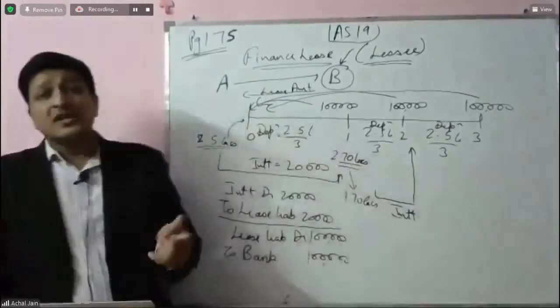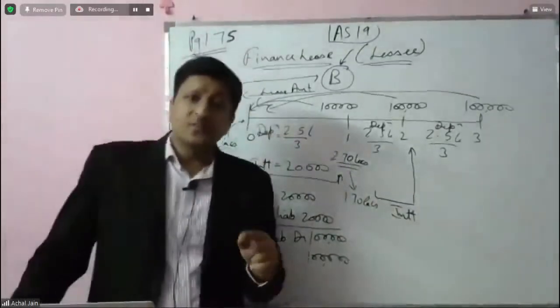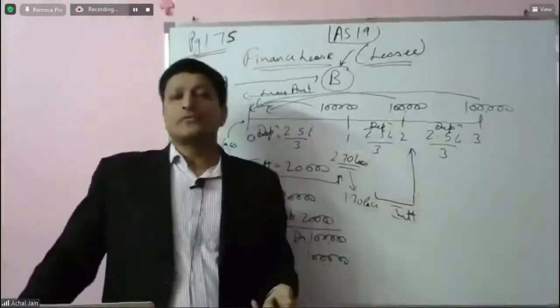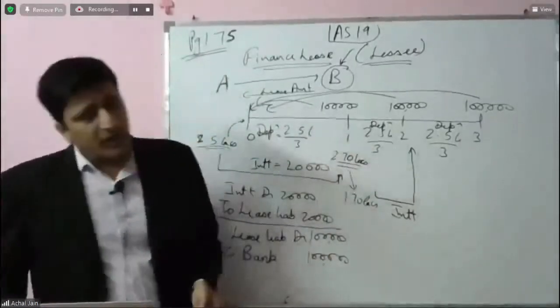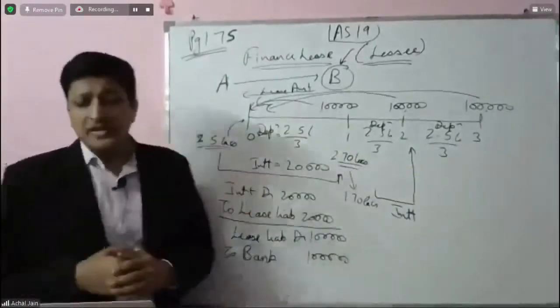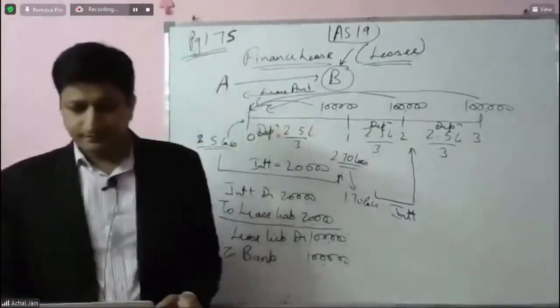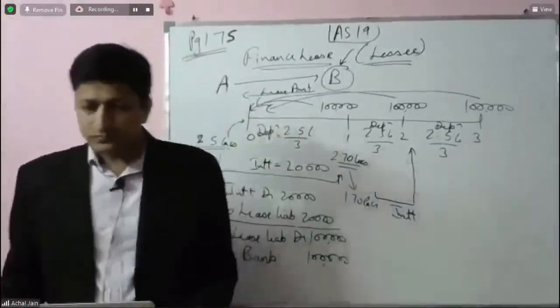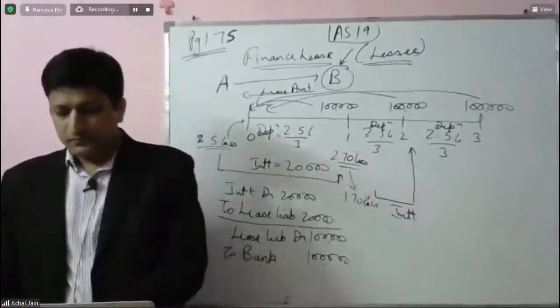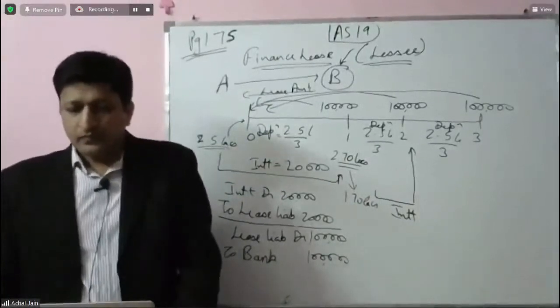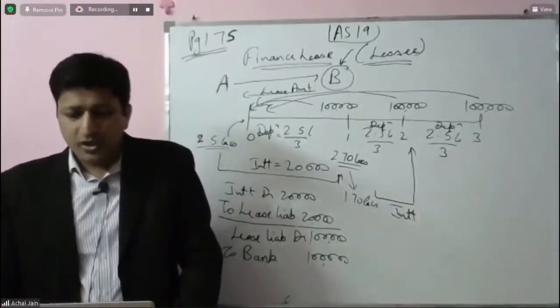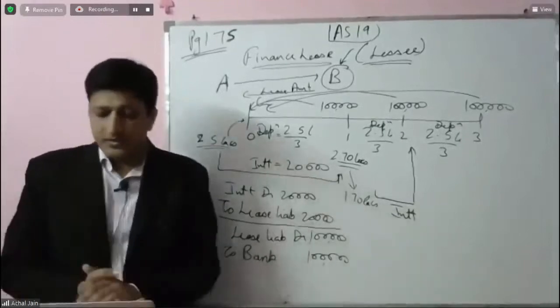See, this 50,000 is not recorded at year 0. This will be recorded over the period of 3 years. Okay, and definitely this will be recorded as interest. Khushi and Anushka are clear on this. Very good.